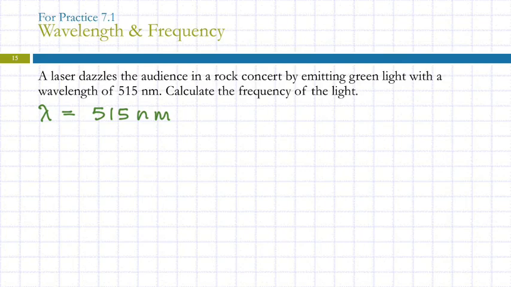The frequency, we had that equation: frequency is equal to the speed of light divided by the wavelength. The speed of light, and I will give you that on an exam if you need it, is 3 times 10 to the 8th meters per second. So I've got the speed of light and I've got the wavelength, so I can just plug those into this equation.